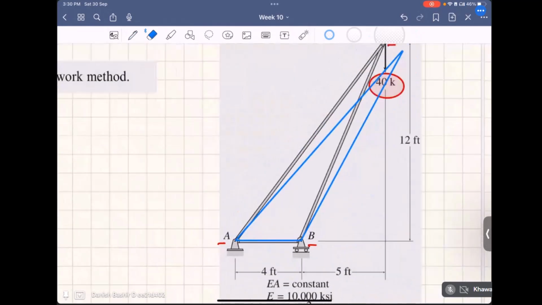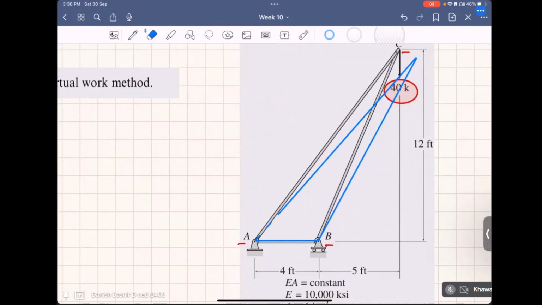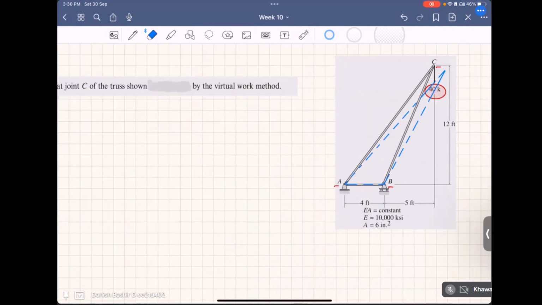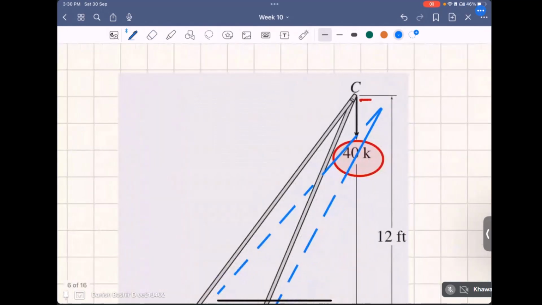This is the deflected shape of our truss under the given loading. So it will be moving like this from this to this point.